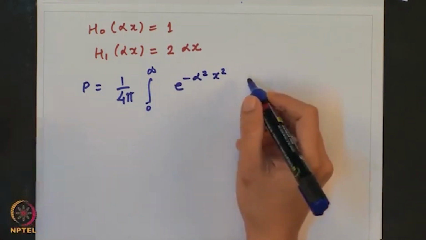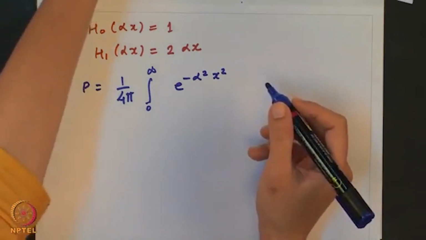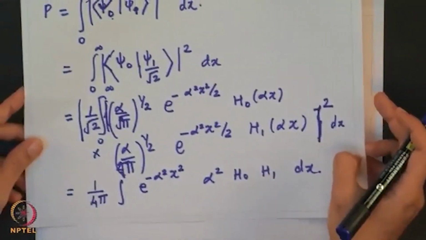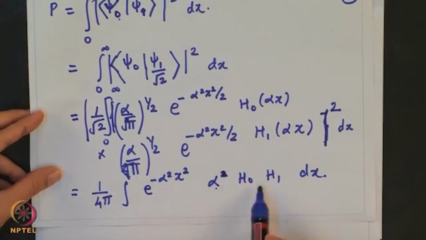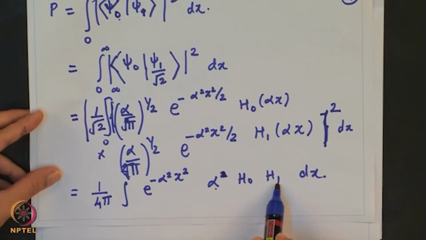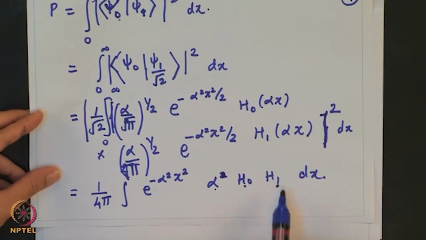Then I have from the previous, oh sorry, here it was an alpha only, one alpha will be picked from h1. So, here h naught is 1, h1 is 2 alpha x.